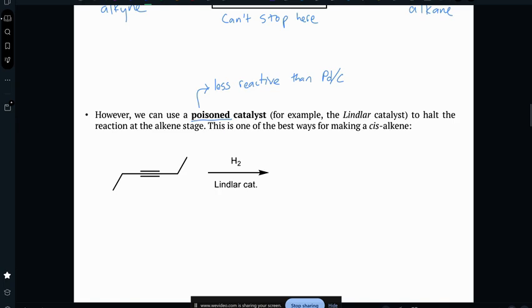And like always, we end up naming these things after the people who discover them. So one is called the Lindlar catalyst. And the Lindlar catalyst will allow you to just add your 2 hydrogens in a syn addition and stop at the alkene.